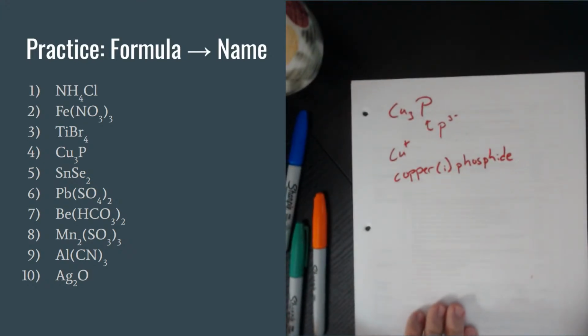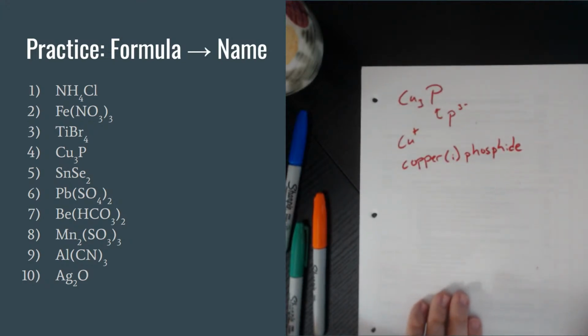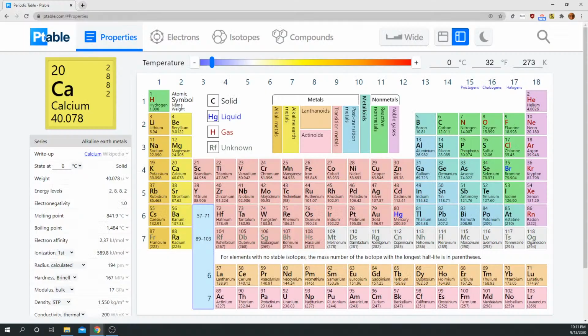Next up, we have SnSe2. Again, nothing but monatomic ions. So the real trick here is to identify where in the periodic table this metal is and what the charge is on the nonmetal. So Se is right here, right next to bromine.